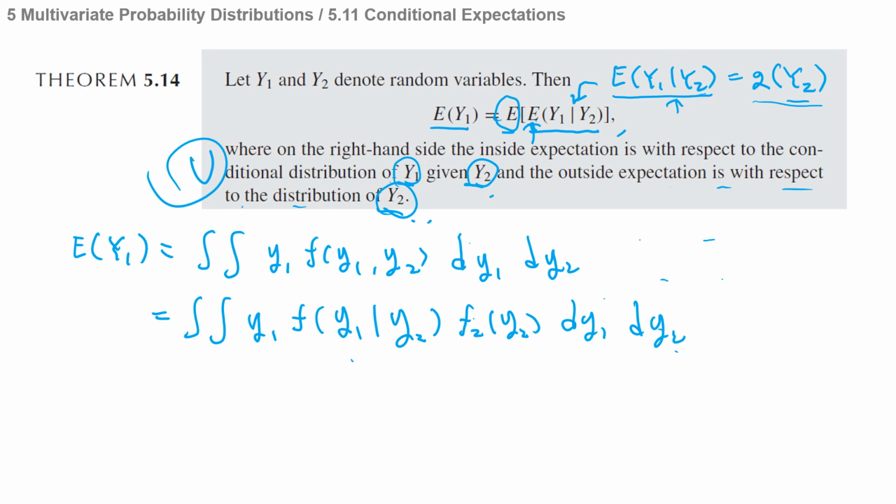From here, this f2 of y2 does not depend on y1, so we can move it outside.